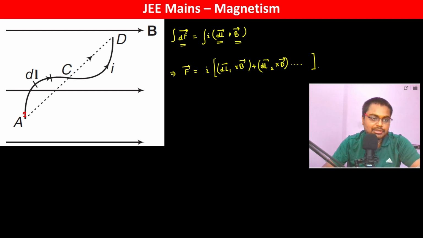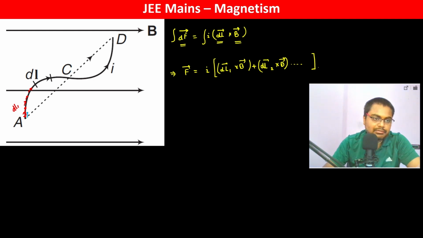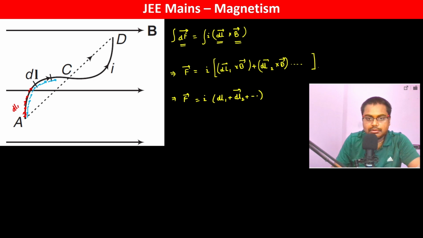So this is dl1, this is dl2, 3, and so on. Like that we have broken it up into different elemental lengths: dl1, dl2, dl3, dl4, dl5, dl6, dl7, dl8. So if you clearly see, the force becomes I into dl1 plus dl2 plus so on, cross B vector.